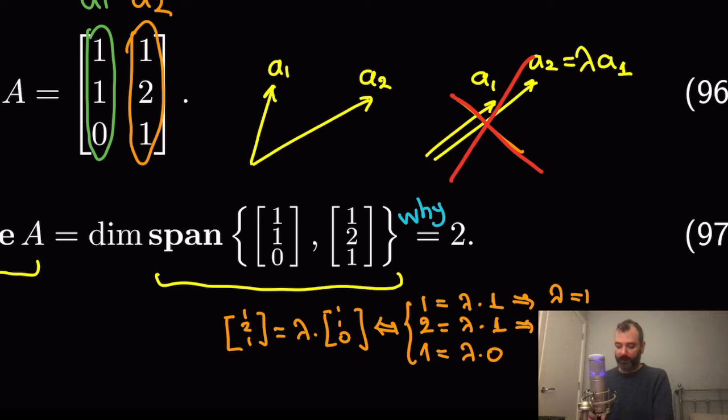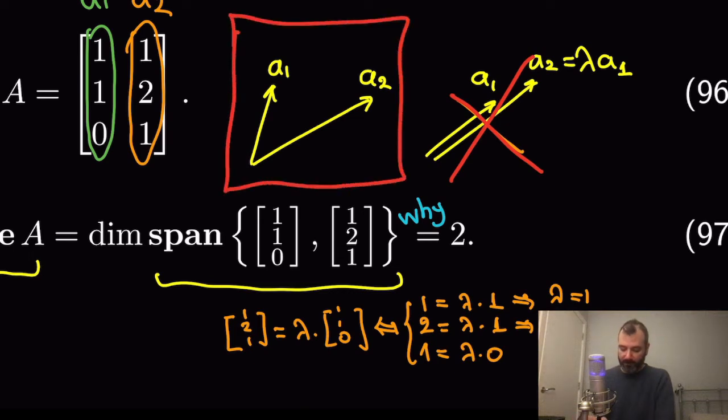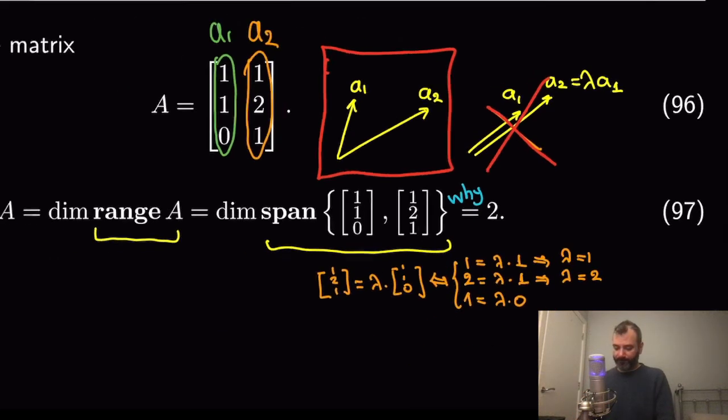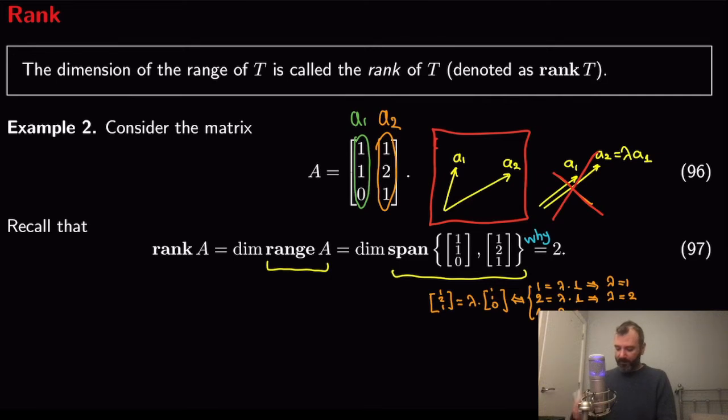This is not our case. This is our case. And they span a space of dimension 2, because I have two vectors, that's why. Right, closing the parenthesis we opened. So what is the rank of A? The rank of A is the dimension of the range of A, the dimension of the span of the columns of A, which is equal to 2.